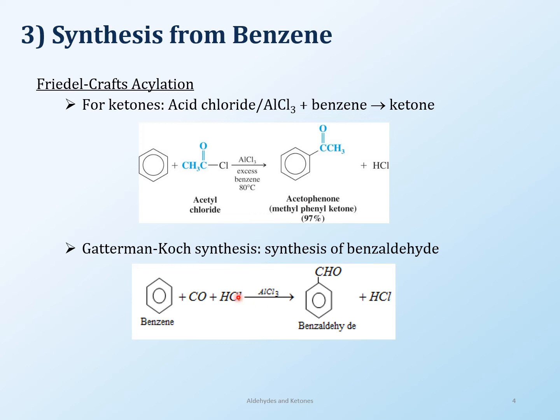In situ means within the reaction. So within the reaction, you generate the acyl chloride by using carbon monoxide and hydrochloric acid. And then of course you have to use the catalyst, okay, in both cases. But anyhow, you can make benzaldehyde using the Gattermann-Koch synthesis.